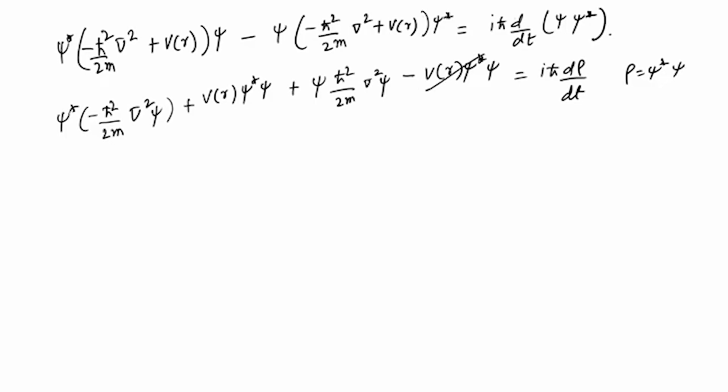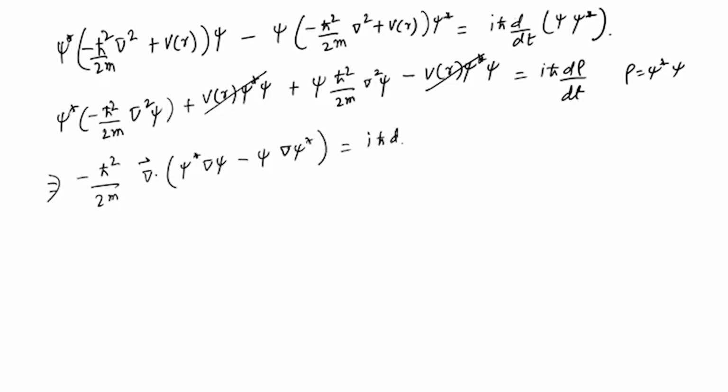Okay. And this conveniently cancels out, and what we have is that we can write this term as minus h cross square over 2m divergence of psi star del psi minus psi del psi star, and you have i h cross d rho dt. Okay.